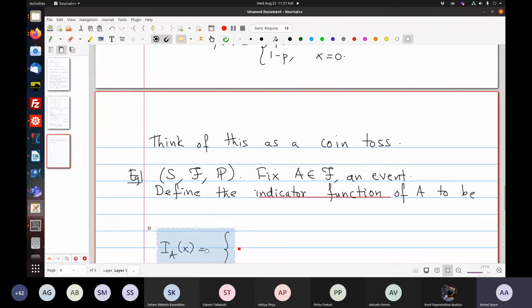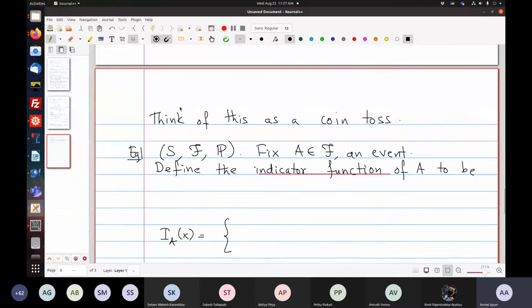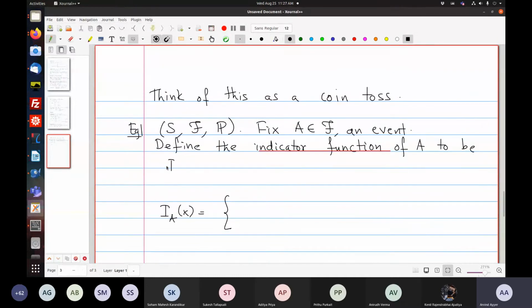So let me make sure that you understand the domain. The indicator function is a function from the sample space to R, and what is it? It takes value 1 if x is in A and 0 otherwise. The name is clear: it indicates whether a point is in A or not.